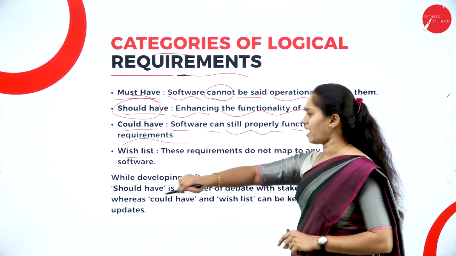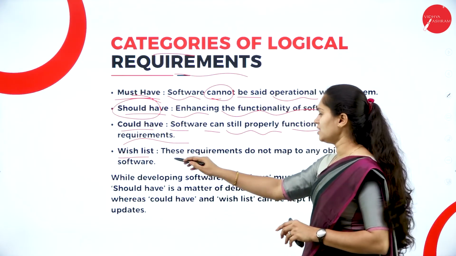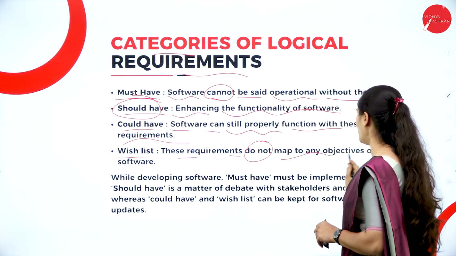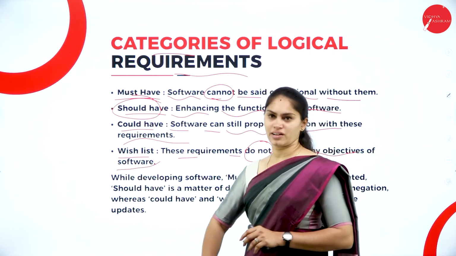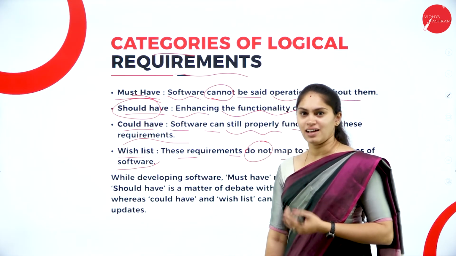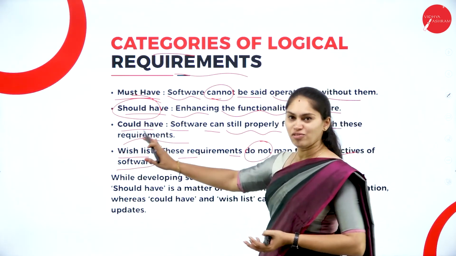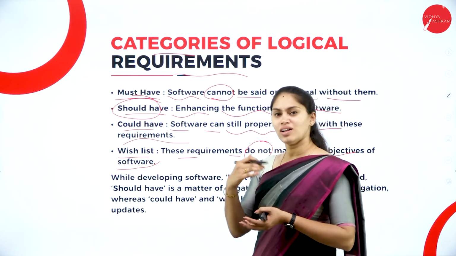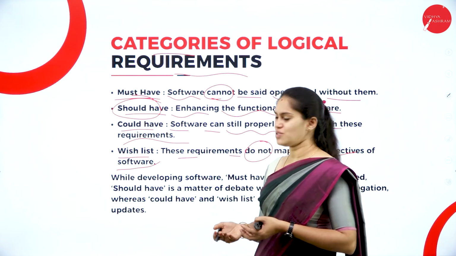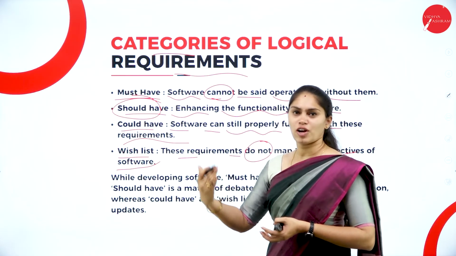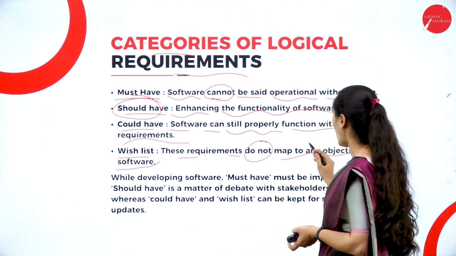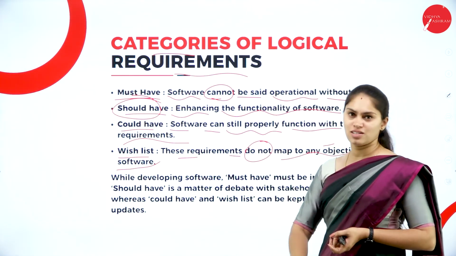That is what could have. If it is wish list, then these requirements do not map to any objectives of the software. So by adding or removing the features which come under wish list, nothing will be affected in the operation or objectives of the software.